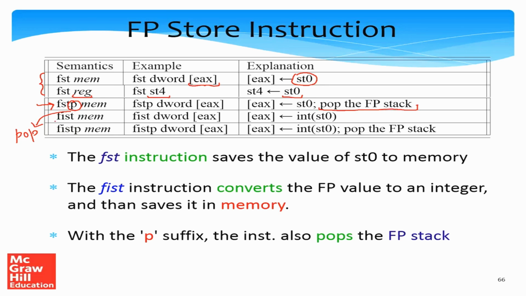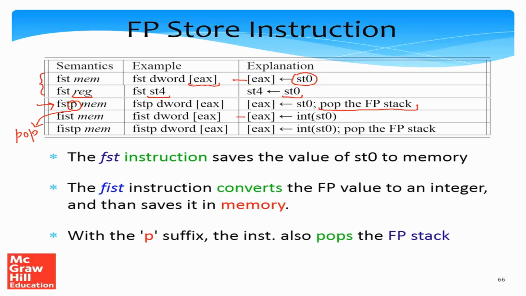So FIST is an analog of FILD. Here also we specify a memory address and of course the size, how many bits need to be saved. Let's just compare FST mem and FIST mem. It is this line over here and this line over here.